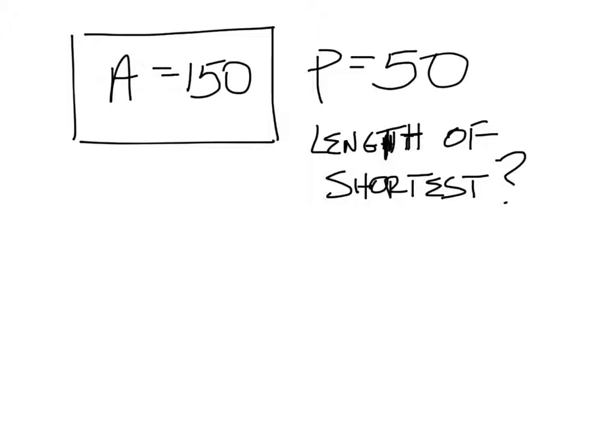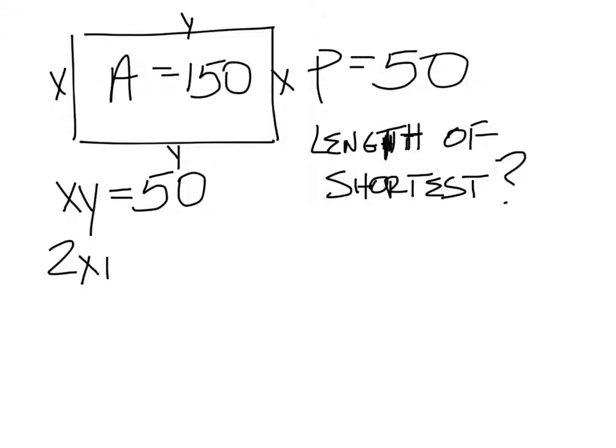Alright, so we have an area, xy, and we have x, x, y, and y. And then for the perimeter, we add up all the sides, so that's 2x plus 2y equals 50. That's a 150 for the area.